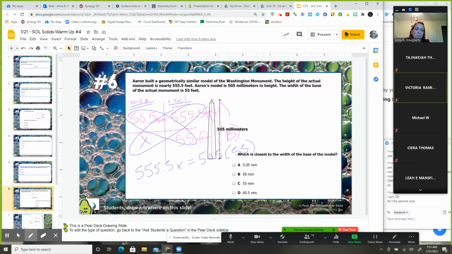And then you just cross multiply. It's all about organizing those numbers. So when you do that, what's 505 times 55? I got 27,775. And then we've got to divide that by 555.5.